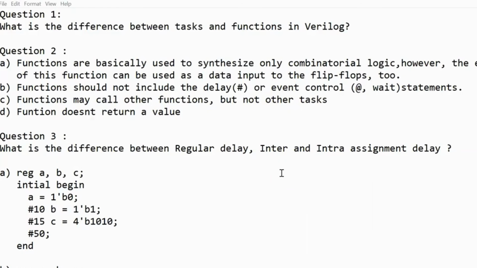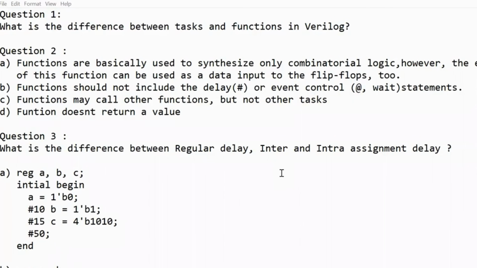A function can return a single value, whereas a task can return multiple values as output or inout arguments. A function cannot call another task, but a task can call other tasks and also functions.